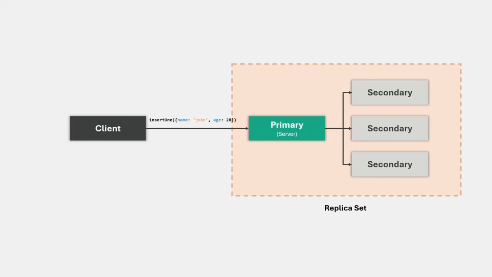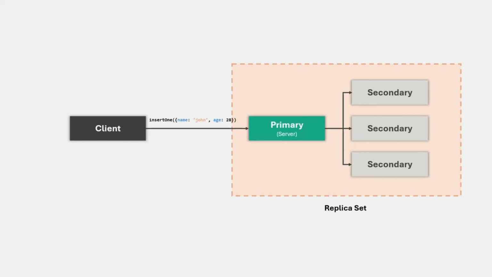That means only after the document is inserted or updated in the primary server, after that the secondary servers will be updated. So from our client, we are never going to work directly with the secondary servers. We will always work with the primary server. And whatever change we make in the primary server will be updated in the secondary servers as well, and that will happen asynchronously.